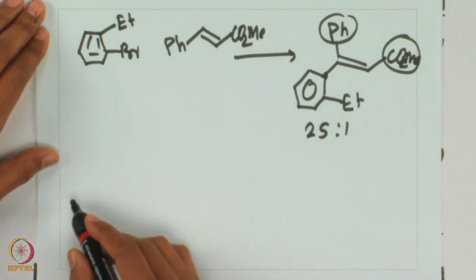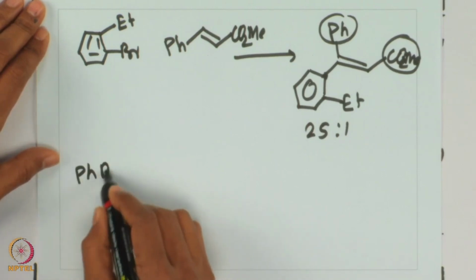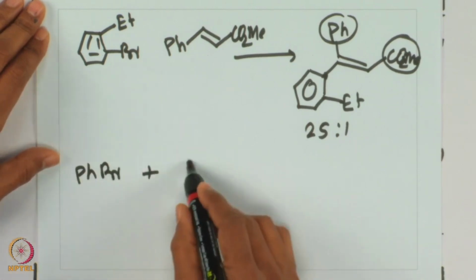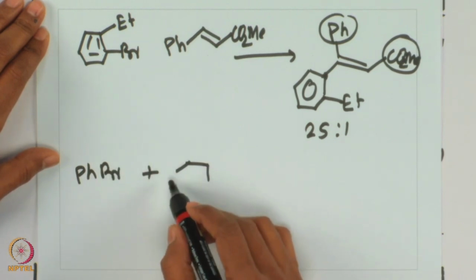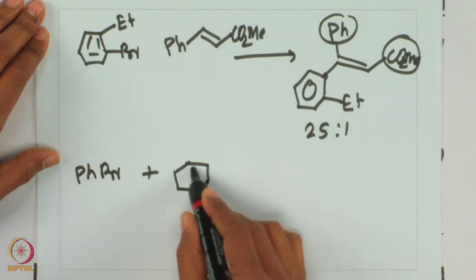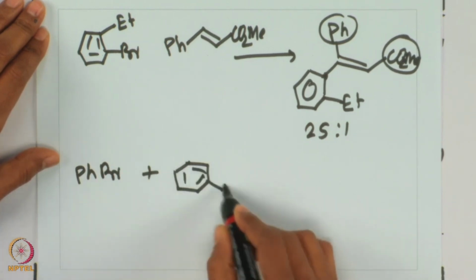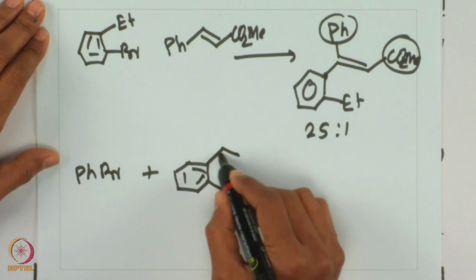If we take phenyl bromide during this reaction, what we get is 12:1 selectivity, and in this case the selectivity is under thermodynamic control.